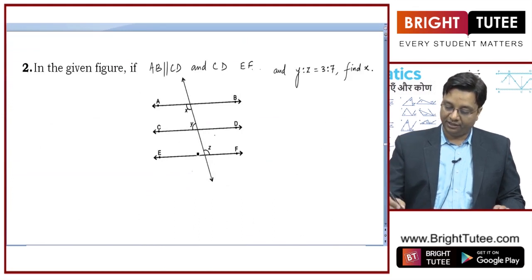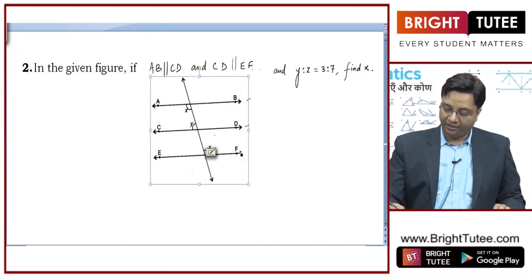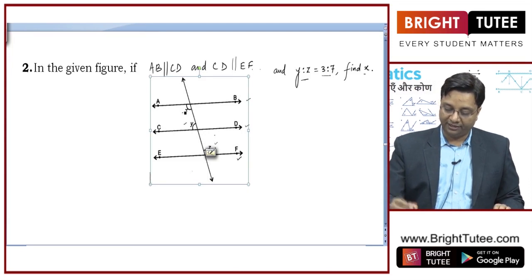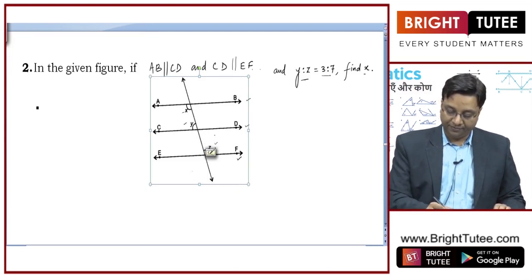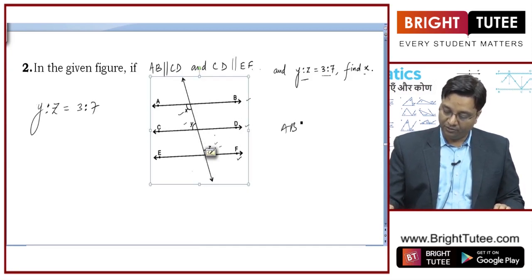In the given figure, if line AB is parallel to CD and CD is parallel to this line EF, and Y is to Z, this is Z, this is Y, is 3:7, we need to find angle X. Now see, Y is to Z is given as 3:7 and look at X and Z. If AB is parallel to CD and CD is parallel to EF, then I can say AB is also parallel to EF.